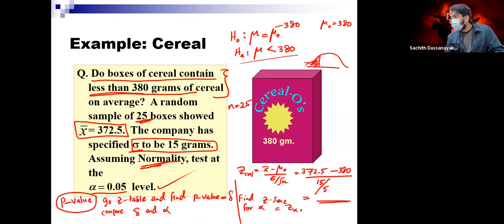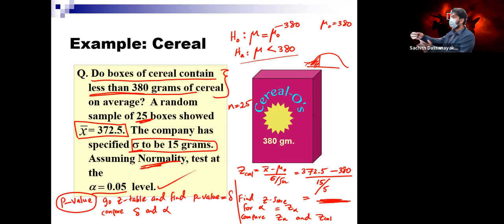Do you remember that? Z alpha. After that, compare Z alpha and your Z-cal, which means this value here. Based on that, you can take your decision. Clear? These are the ways we deal with hypothesis tests.